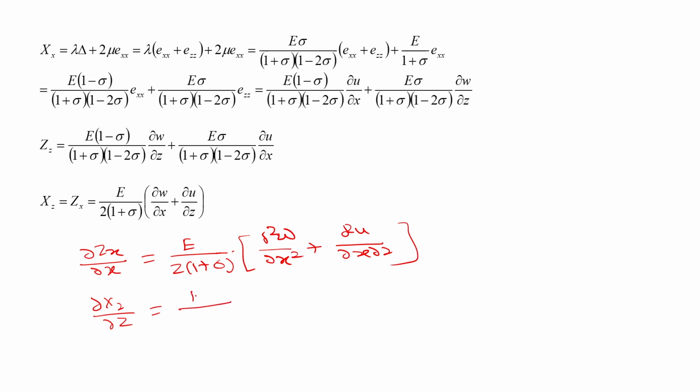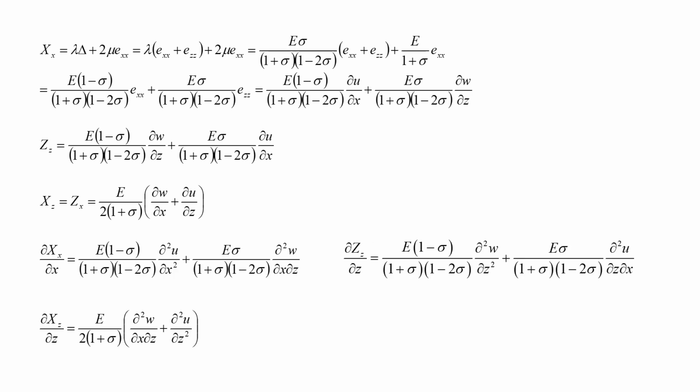So this will be equal to E by 2 into 1 plus sigma, and here it will be by del z. So it is del square w by del z del x plus del square u by del z square, okay, like that. So yeah, we have all this.